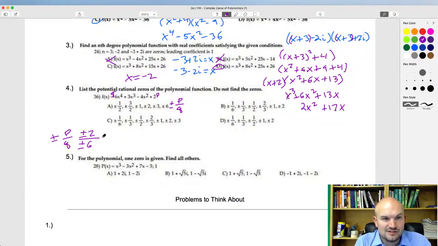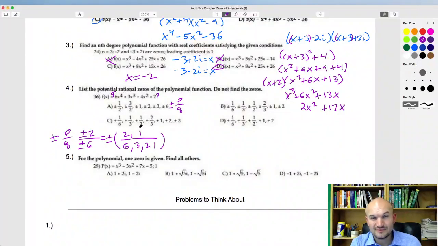Now, typically when I do this, I just like to write the plus or minus in front and then do everything on top. So now I'm just going to list the factors of p, which are 2 and 1, and the factors of 6, which are 6, 3, 2, and 1. And now basically, guys, what we're doing is we're just going to connect all of these, and then we can simplify.